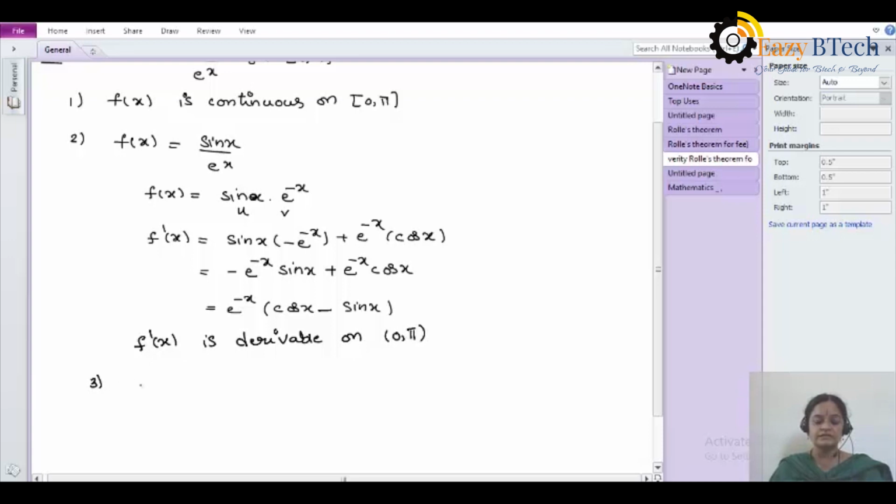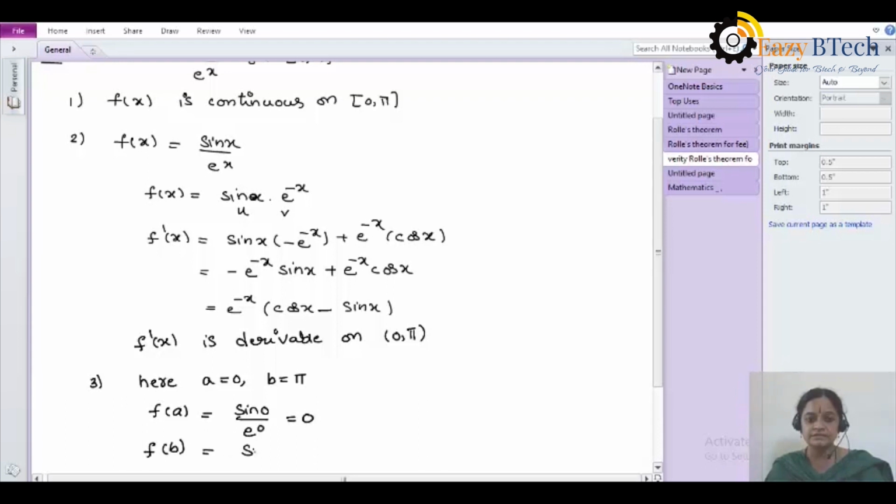And the third condition, f of a is equal to f of b, where a is equal to 0 and b is equal to pi. Substituting 0 in the place of a, sin 0 by e power 0 is equal to 0, and f of b, that means sin pi by e power pi, is equal to 0, because we know that the sin pi value is 0 only.